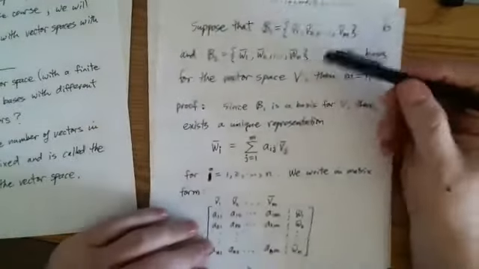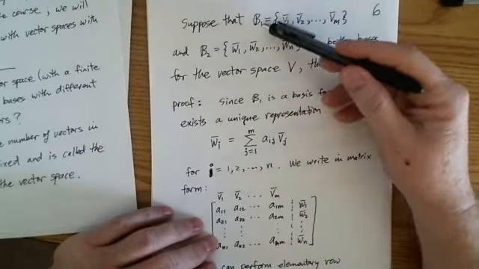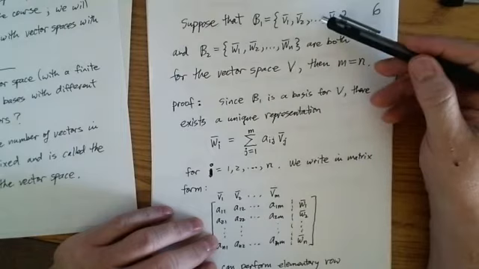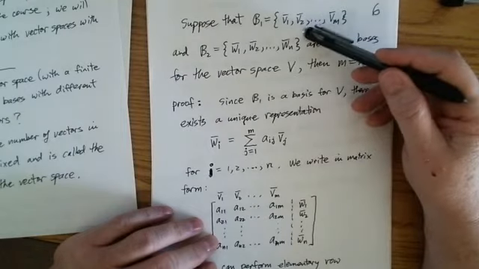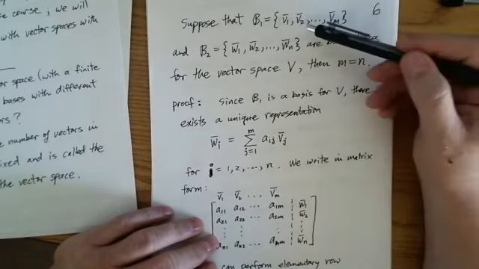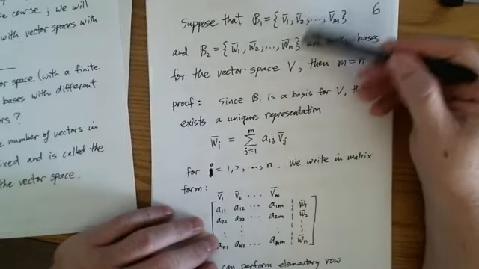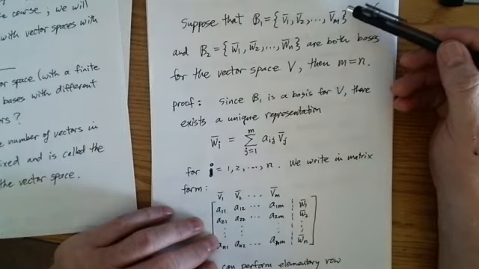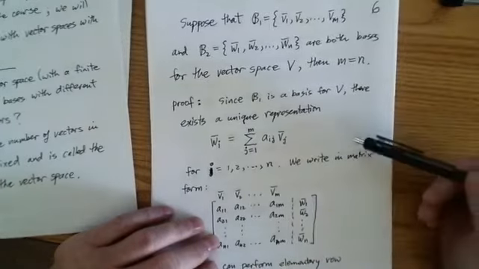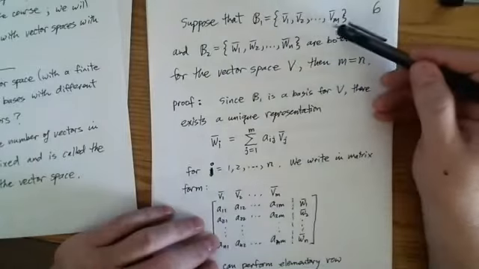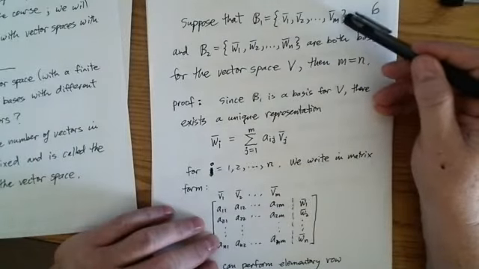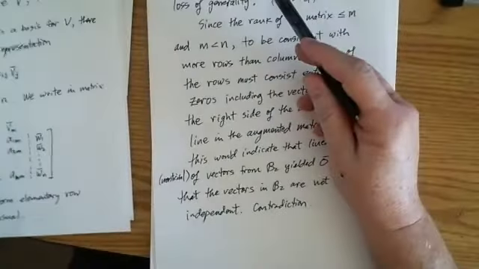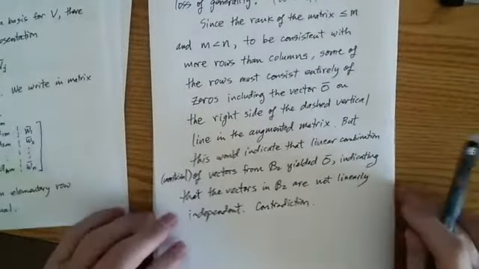If I have two bases and I'm supposing that one has more vectors than the other, then there's got to be one of them that contains the smaller number of vectors. I'm calling that one m. So I'm going to just say without loss of generality that m is less than n.